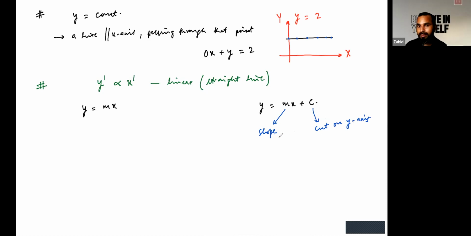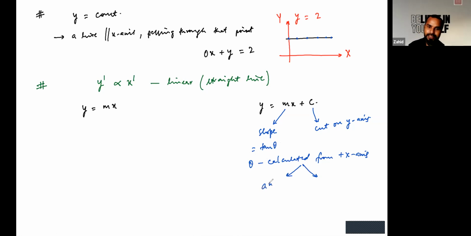What does this slope actually mean? It means tan theta, where theta is calculated with respect to the positive x-axis. While going in anti-clockwise direction, it would be positive, but going in clockwise direction, it would be negative. So this particular theta is calculated from the positive x-axis, and we have some sign related to this.